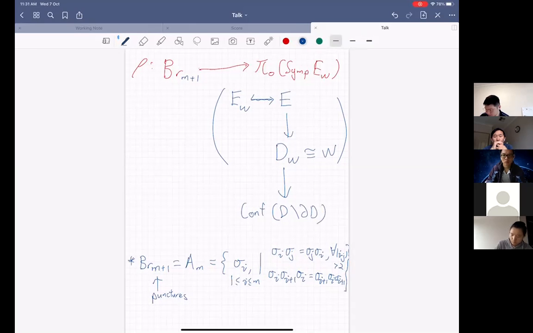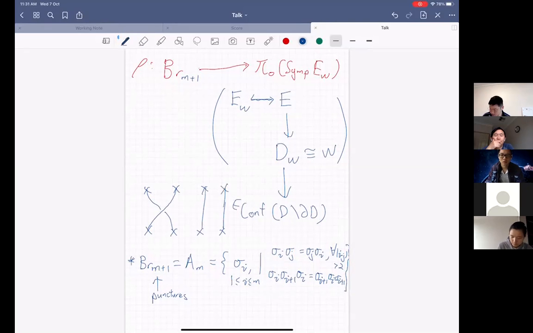So you can think of when I do the braid group, I'm twisting the puncture. When you twist, a series of twisting, you can think of it as a configuration space. So this is something like a configuration space.